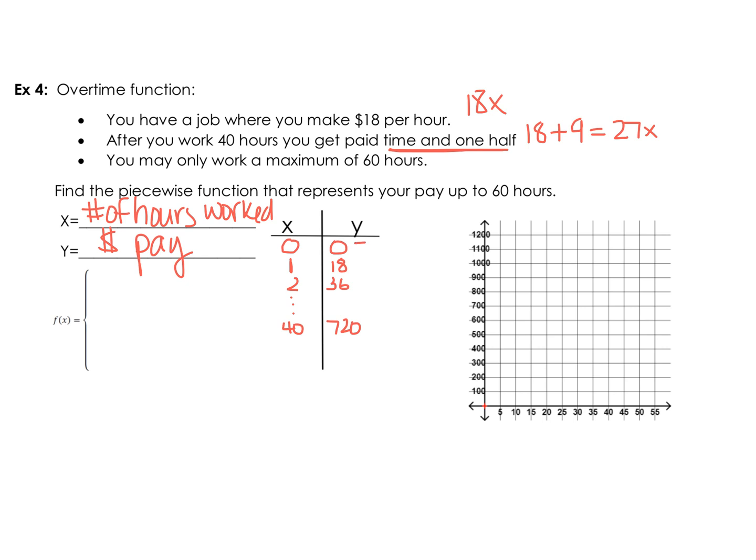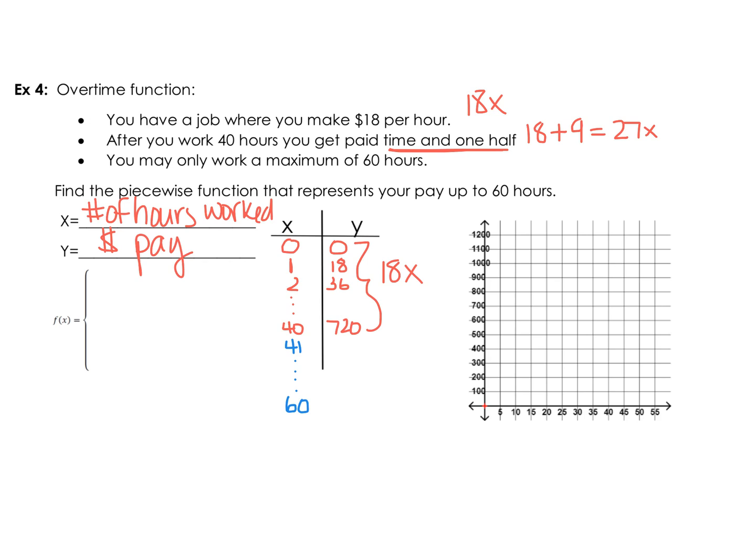All of this can be represented as the equation 18 times the number of hours, so 18x. Well then, as we move up and start working more than 40 hours, as we work 41 hours all the way up to our maximum of 60, we're going to get paid time and a half.